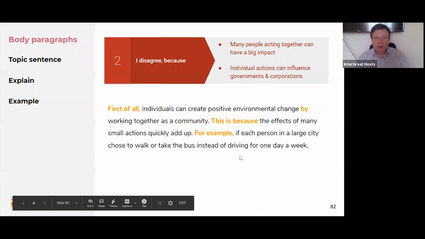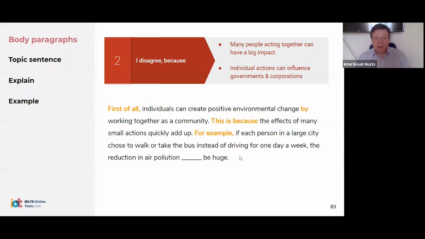Okay, so chose to walk or take the bus instead of driving for 1 day a week. The reduction in air pollution. So what's going to go in the gap there? Would be huge.